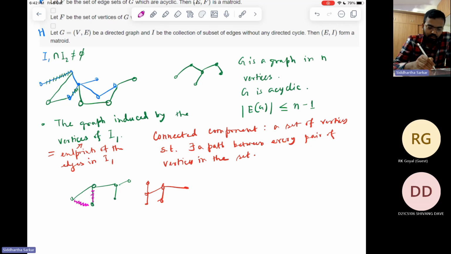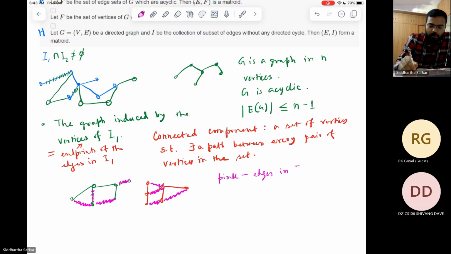There was an edge which is also in I2. This edge was also in I2. There is an edge which is this one in I2. So I am saying to identify those edges in the connected components separately, which are in I2. So pink is: mark edges in I2. Okay. Fine.